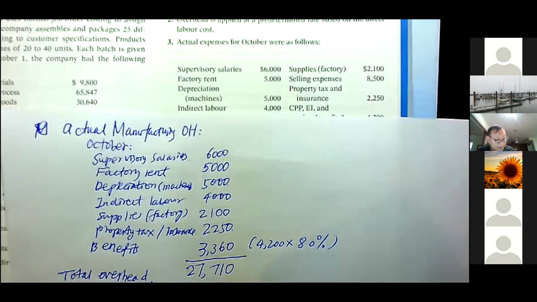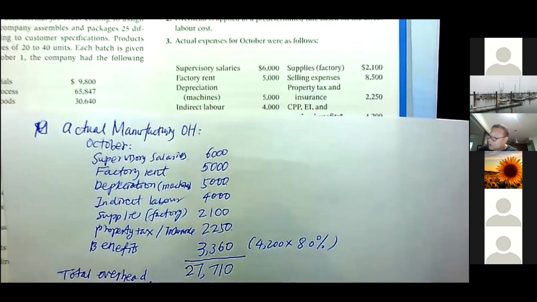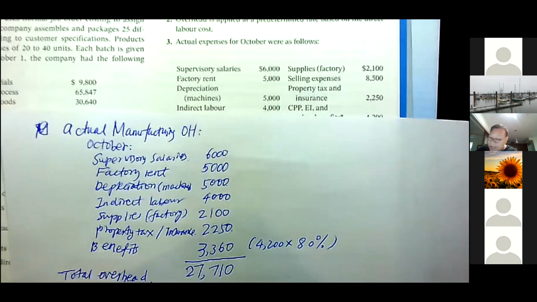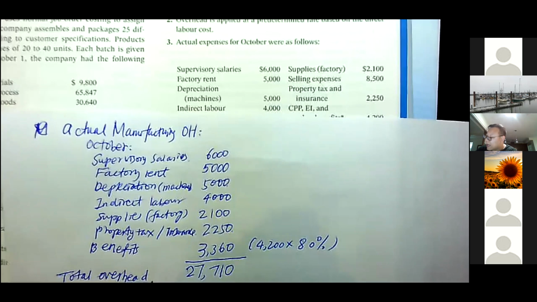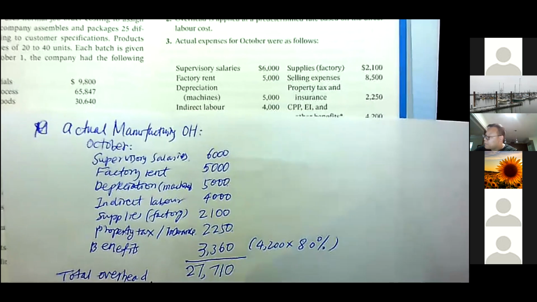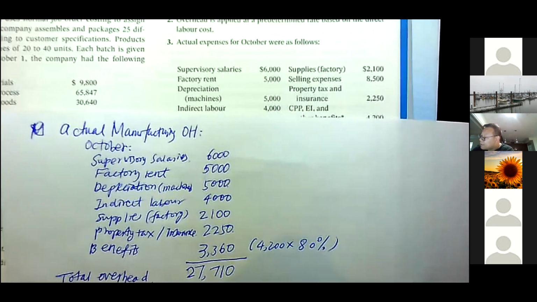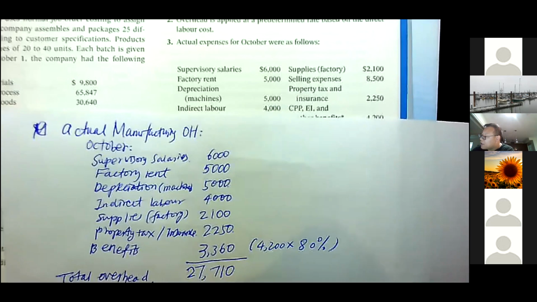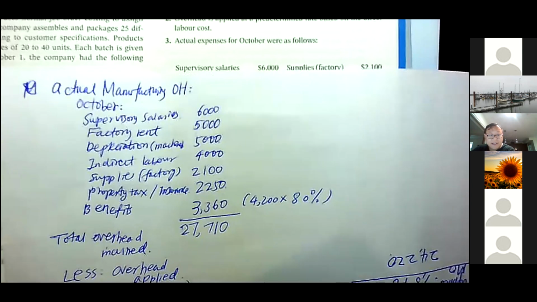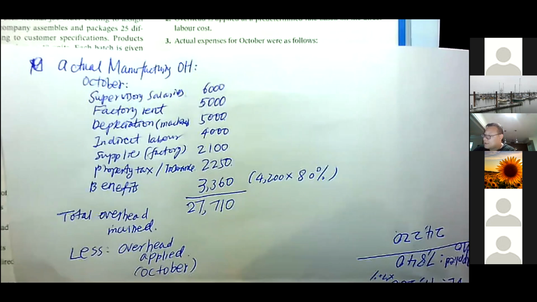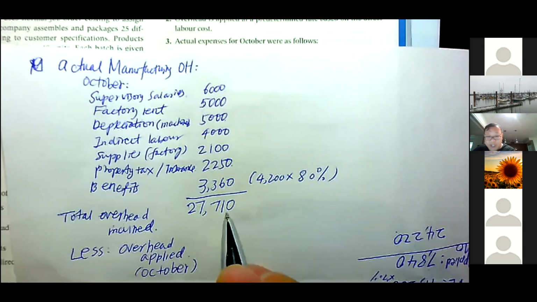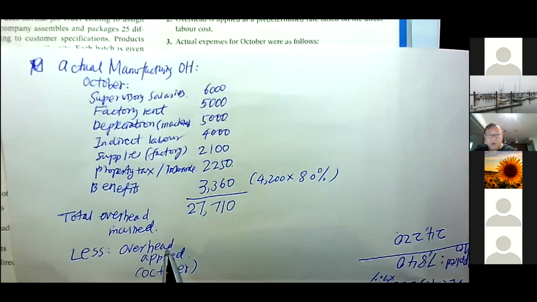Okay. So now, what is the overhead applied? Less overhead applied in October. So what is the manufacturing overhead applied in October? That's the actual incurred. What is the total overhead applied in October?